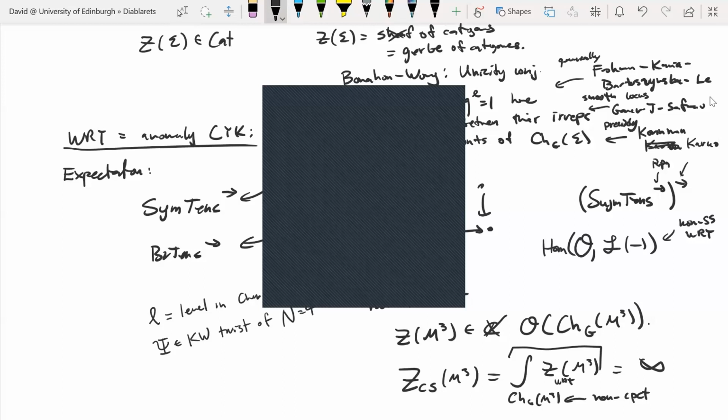the same structures also appear in 3D n equals 4 theories and their Coulomb branches.